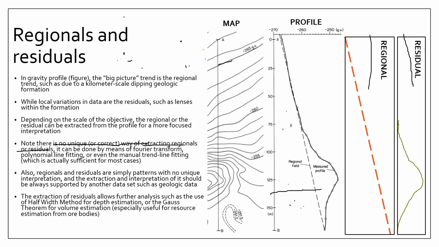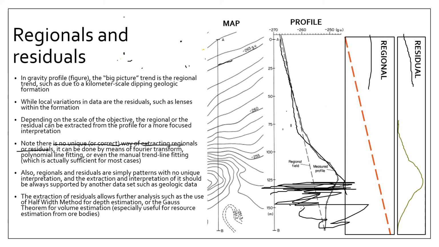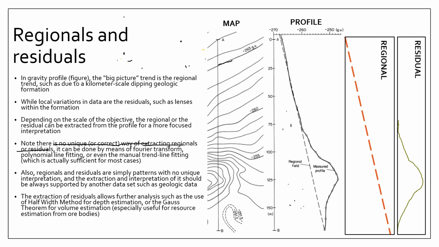For example, you only took a profile in this part. So you only see this part and you think that I have two trends here, this trend and then this trend. So it's important to have a geological understanding of the area first before proceeding with these in-depth interpretations.